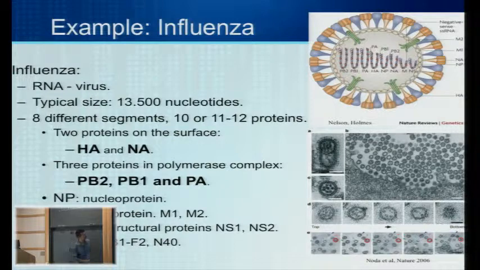Okay? The other important ones, and we are not going to mention all the others here, are these Ps. It's very easy to remember because P is for polymerase. These are 3 proteins, PB2, PB1, and PA, that form a polymerase complex, and this is the machine that does the replication of the virus. This virus is an RNA virus, single-stranded antisense.